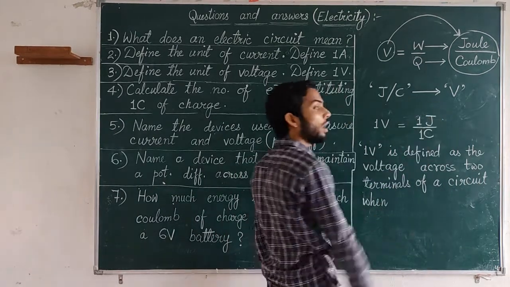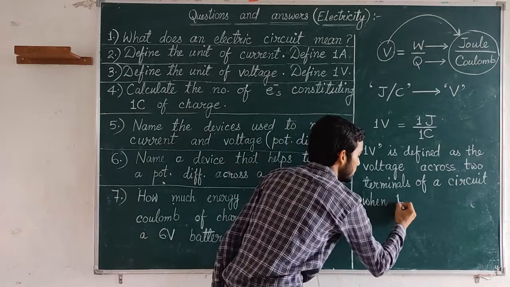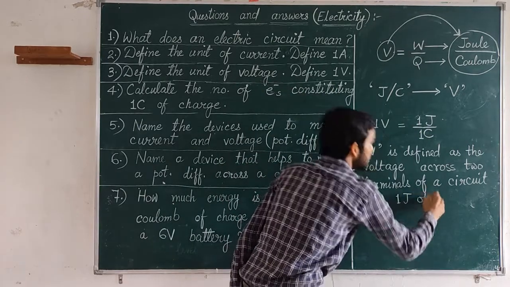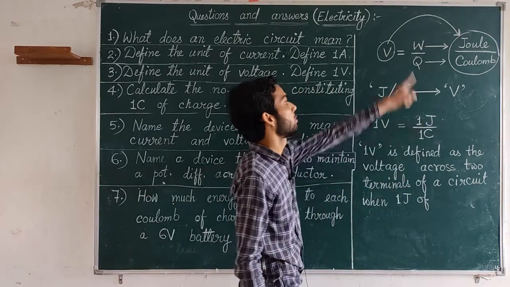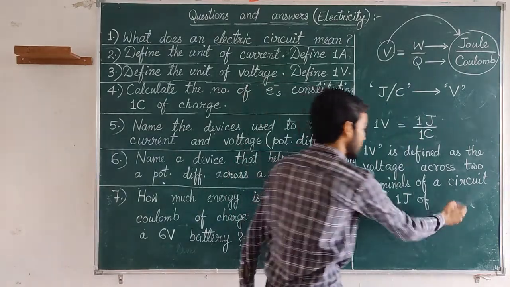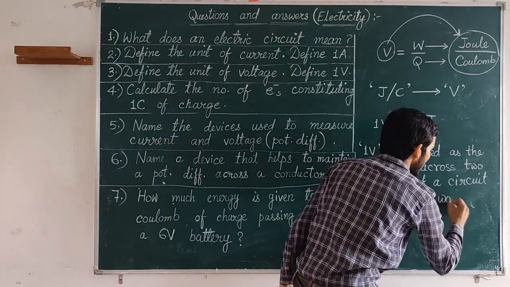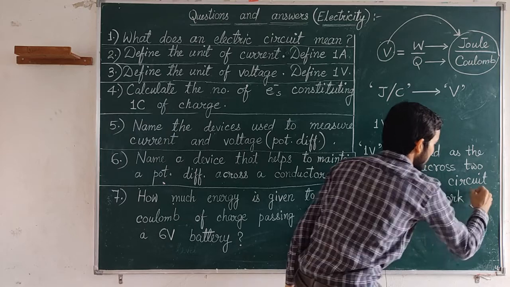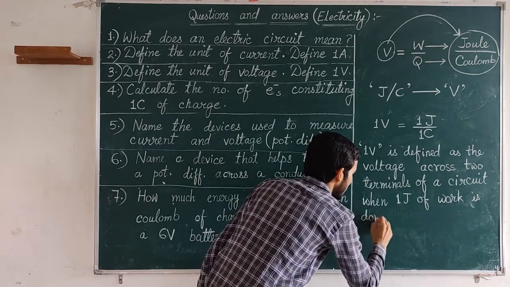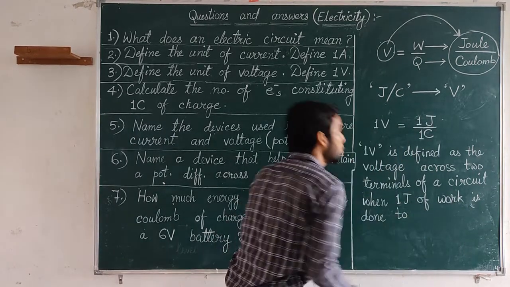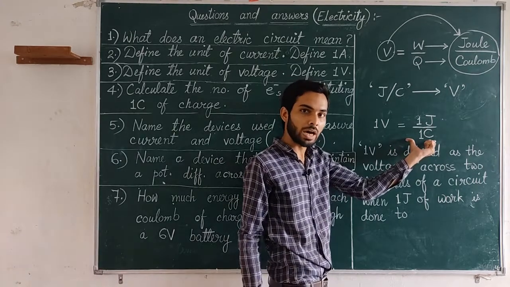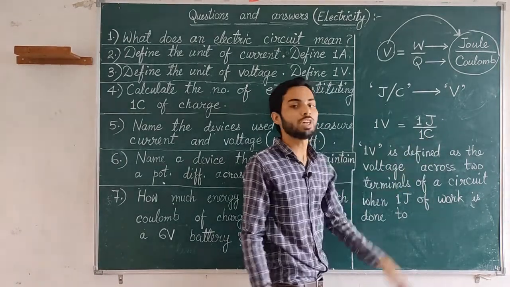1 joule of work, 1 joule, this is what? This is work done. 1 joule of work is done to move 1 coulomb of charge across the two terminals.